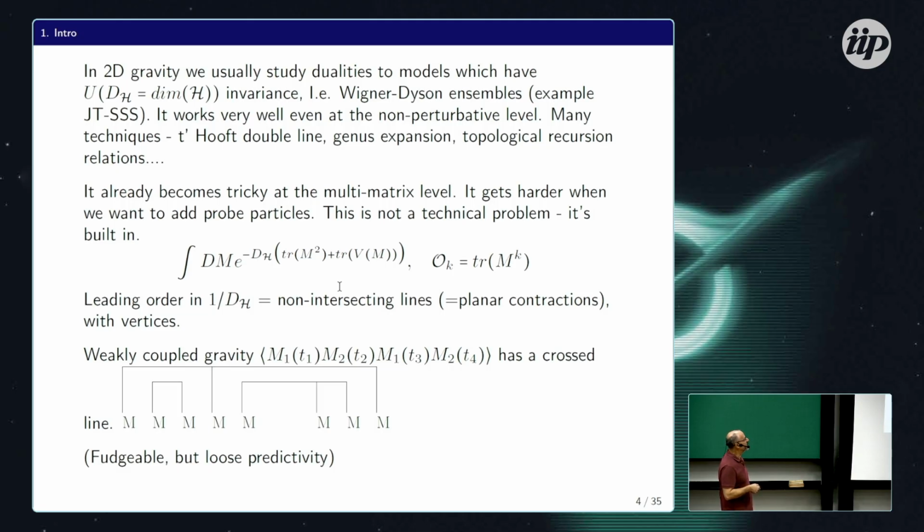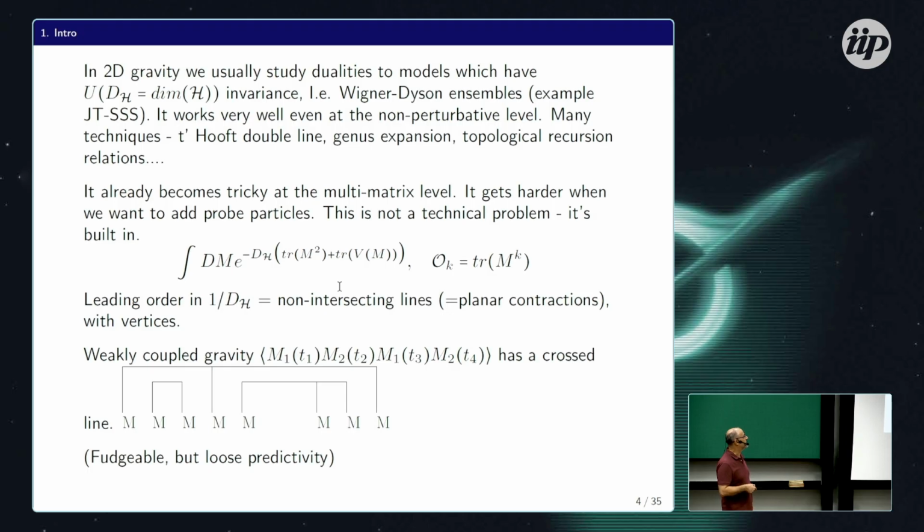But the rule is that I'm never allowed to have contractions of the Hamiltonian or any of the probes if they sit in the standard ensemble. I'm not allowed to have the contraction intersect. Instead, I can have vertices. Now, this is very different from the chord construction that I will present, where you can allow these contractions to intersect.